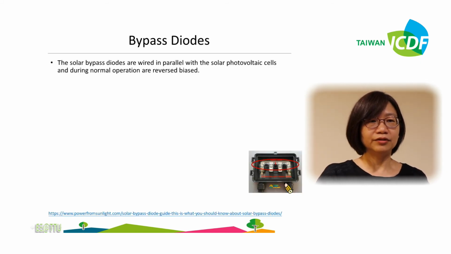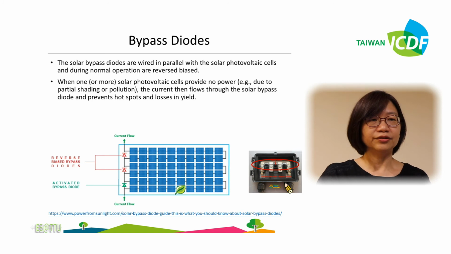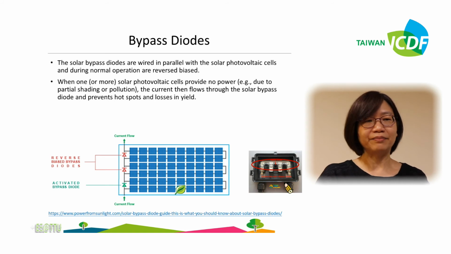Typically in a junction box, there are 3 diodes to bypass the string. So in case there's a cloud or shading on spots in the solar module, the current will be bypassed.